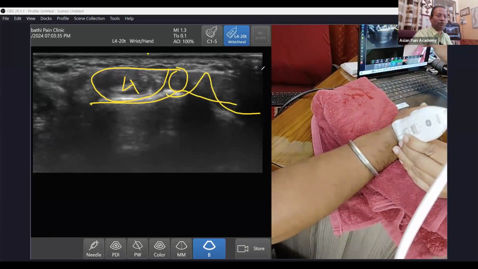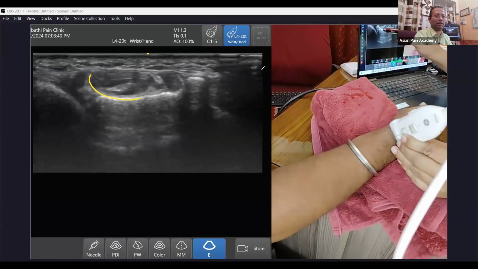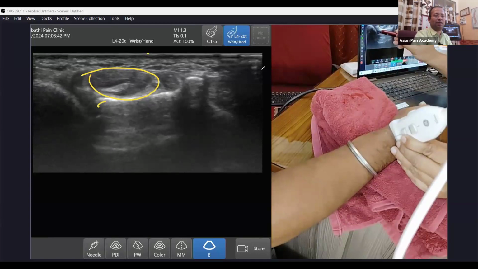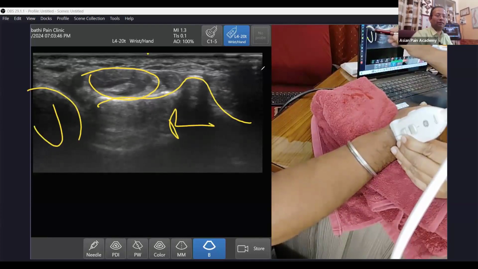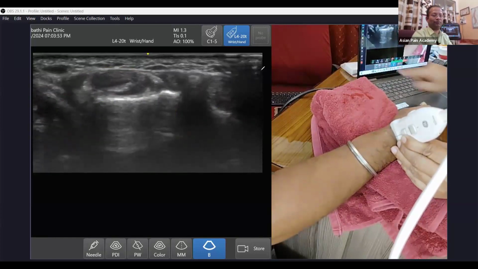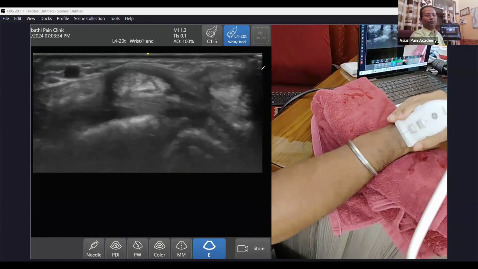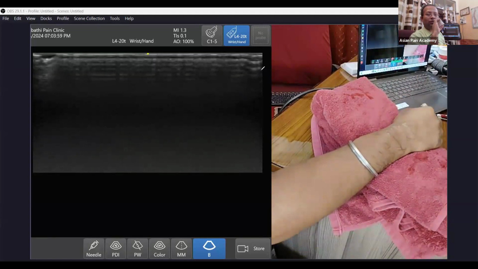So this is radius. You can see all the tendons over the radius, and this is ulna. So it depends where you are seeing. I think you have already understood. Any other thing?